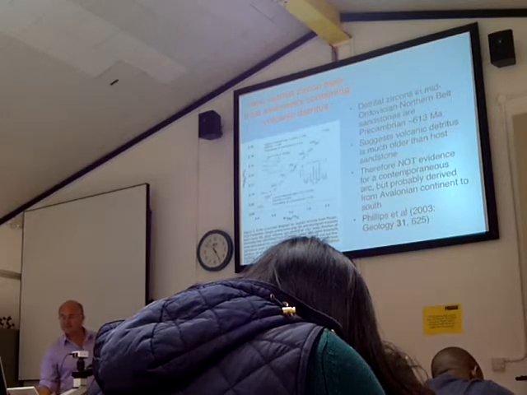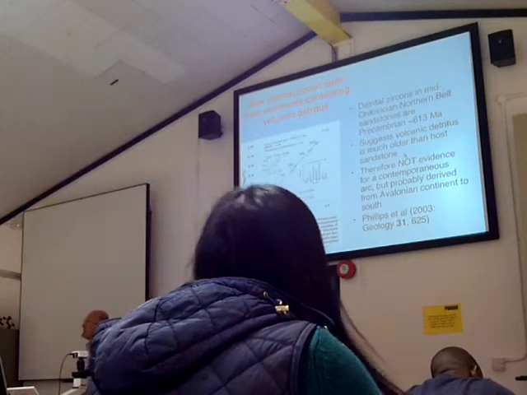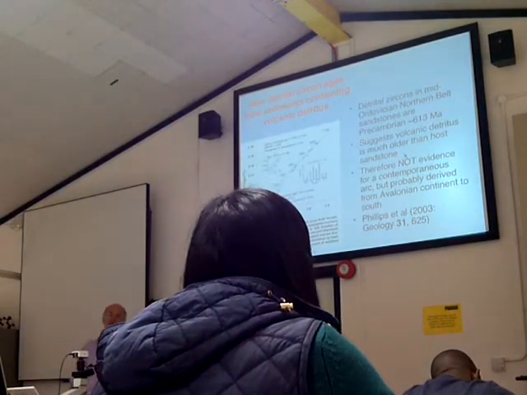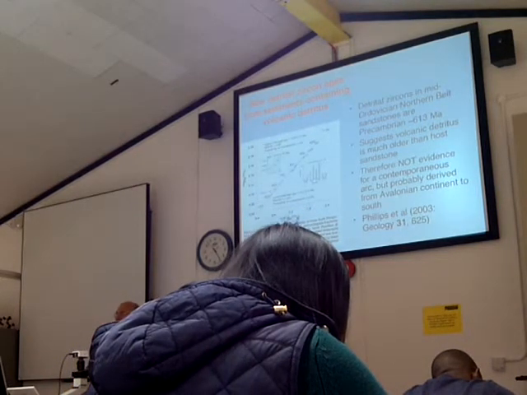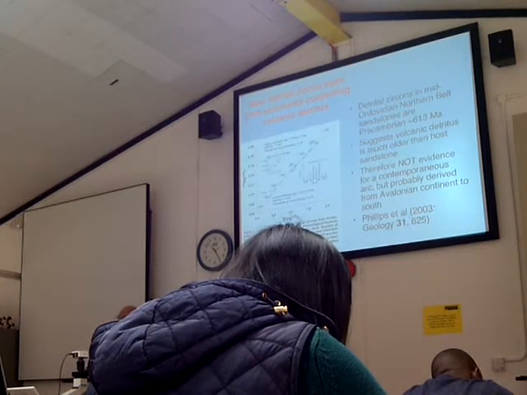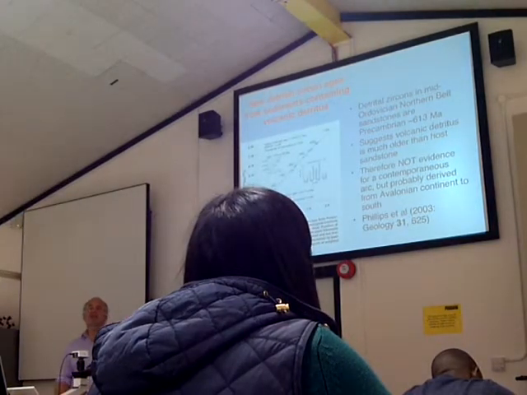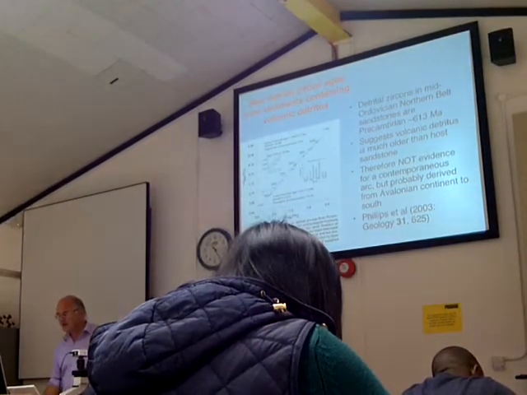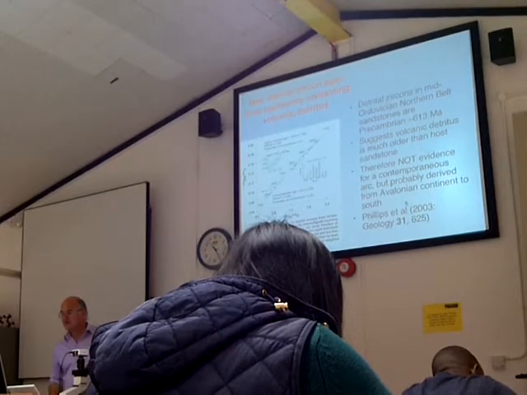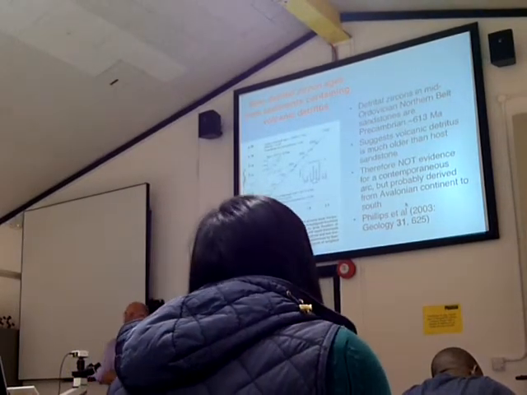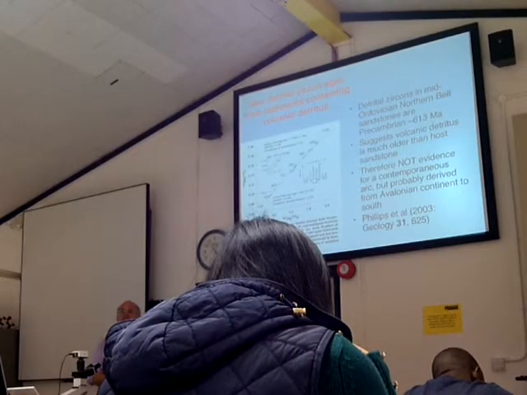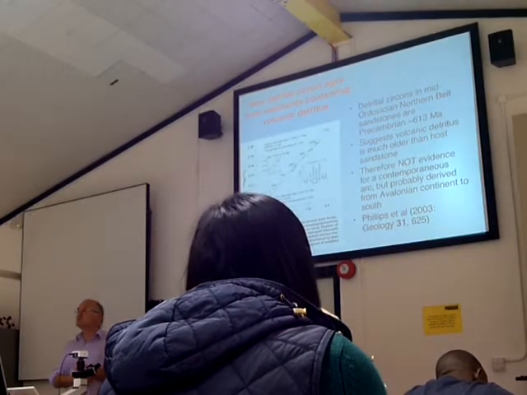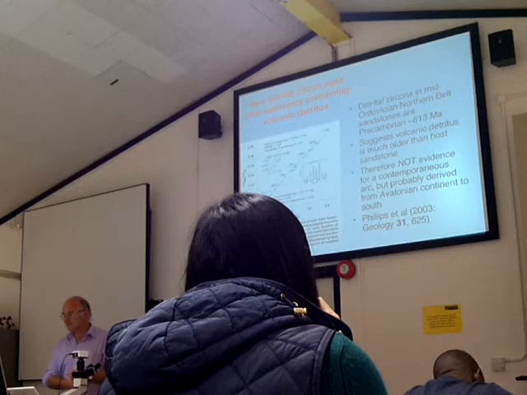And this suggests that the volcanic detritus, assuming that the zircons are derived from the same place, is much older than the host sandstone, which is Ordovician, and therefore the volcanic material is not evidence for a contemporaneous arc. Instead, it's probably derived from the remote south, maybe as far as Avalonia.